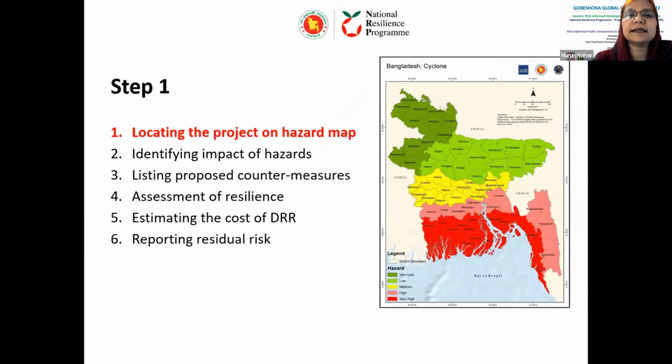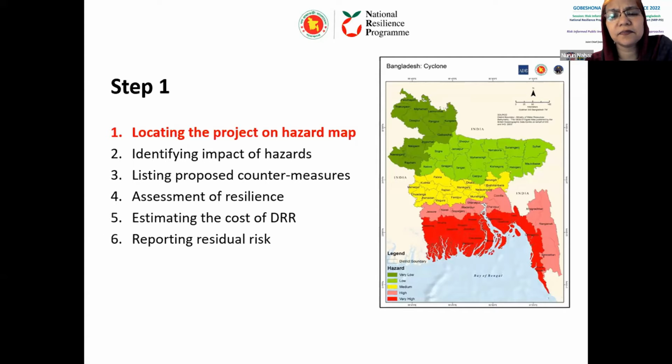Okay. So as I mentioned, I just want to show the hazard map and then go to another tool. So the hazard map will probably look like this, and this map is on cyclones, and I will request our planning expert Jayed Bhai to post the link of the ADP Atlas in the chat box so that all our viewers can download it.